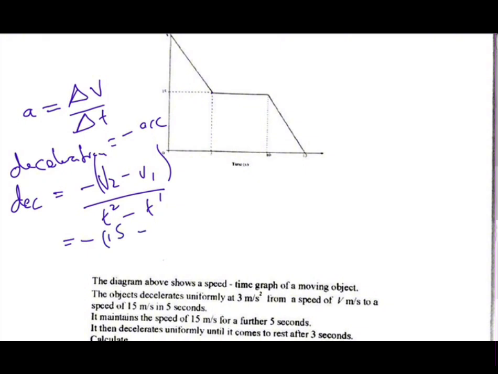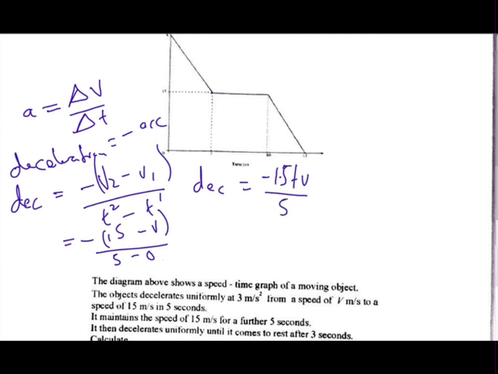We've been given just the value v, an unknown, and then t2 is the last time there, which is equal to 5 seconds, and the initial time was 0. So to calculate the deceleration, it's going to be minus 15 minus v over 5. This is equal to minus 15 plus v over 5.